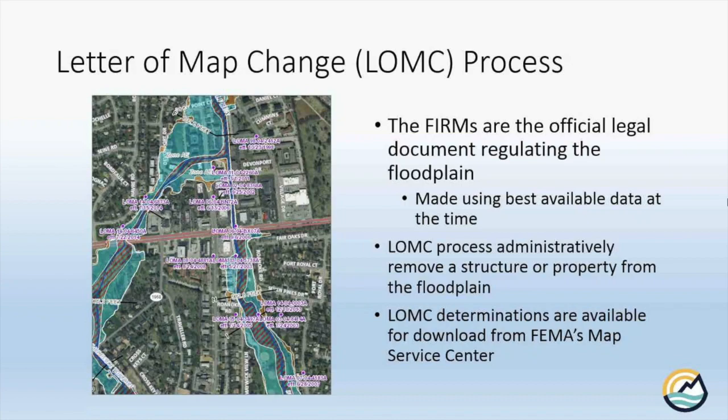You can see in the image on the left, those purple dots with the writing. Those are areas where letters of map change determinations have been issued. So somebody at that location asked FEMA to take a look, and FEMA said either, yeah, we think you're out, or no, we think you're in, and here's why. For the ones that are out, it administratively removes them. The map itself doesn't change, but that letter supersedes what's on the map.